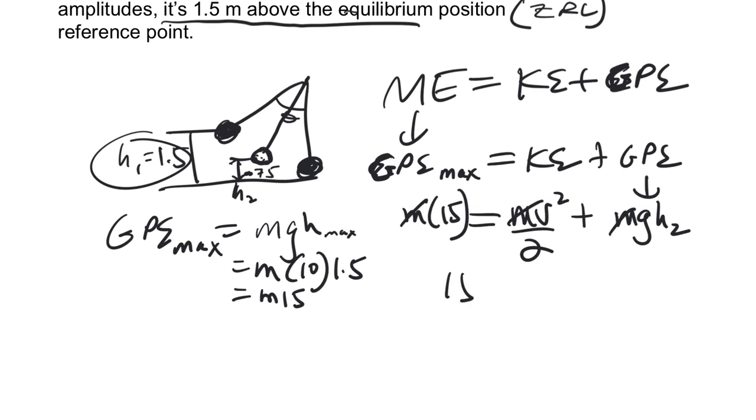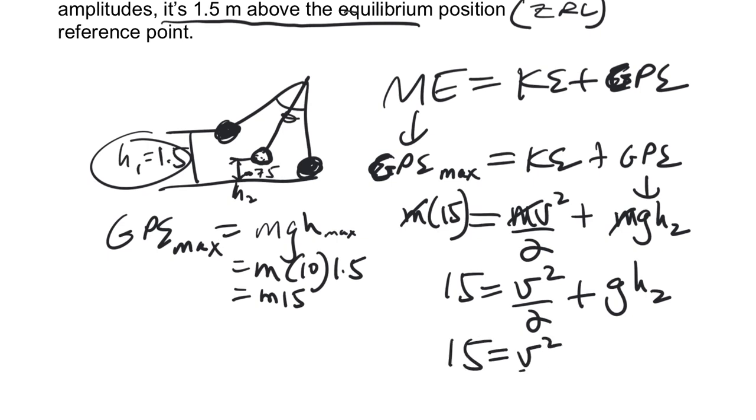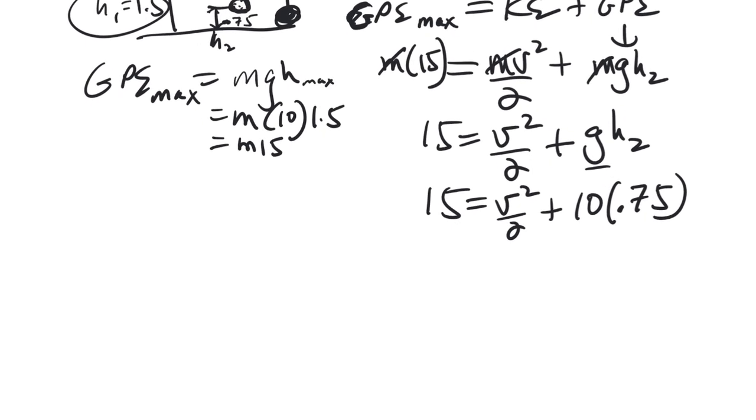So let's rewrite this: 15 equals v squared over 2 plus g h2. Don't cross multiply, because the 2 isn't in the second term, g h2. So let's plug in: 15 equals v squared over 2 plus 10 times h2, which is 0.75. So now that's 7.5.